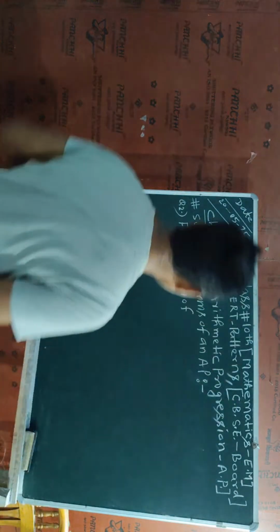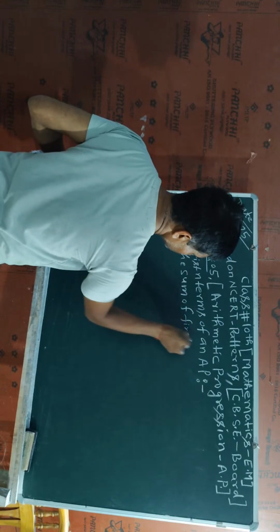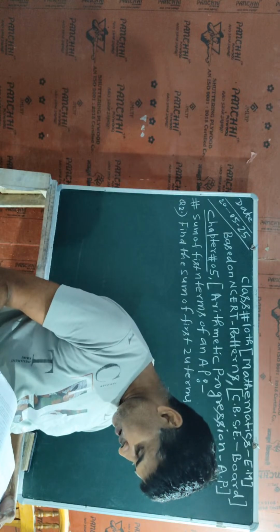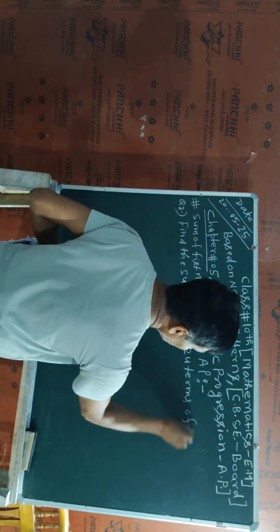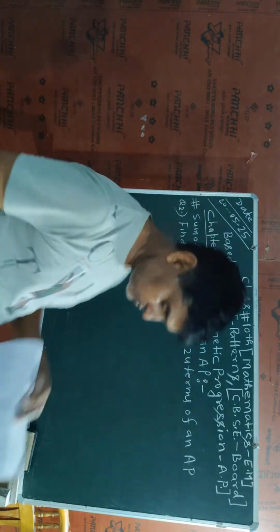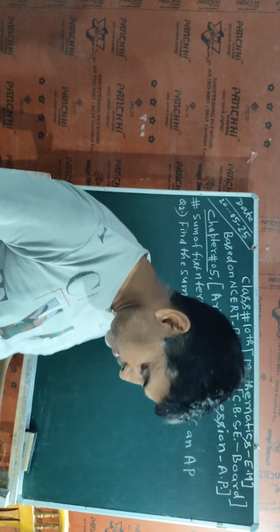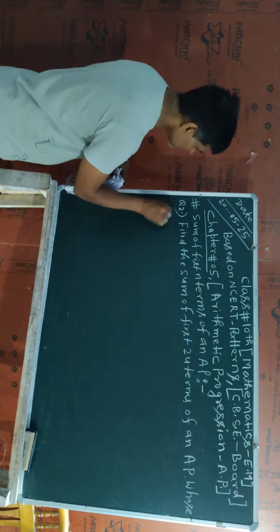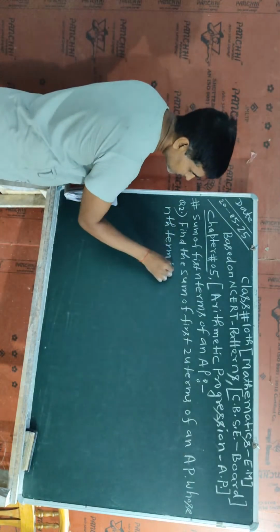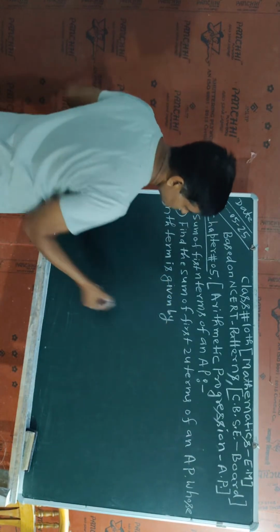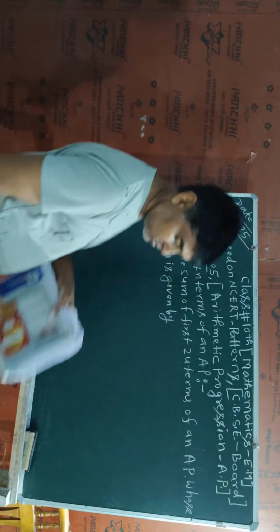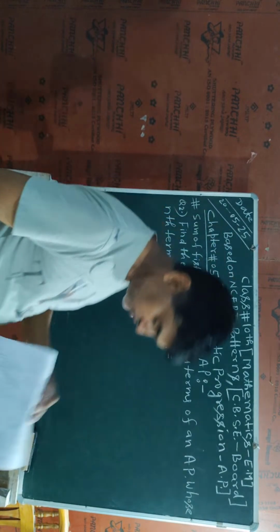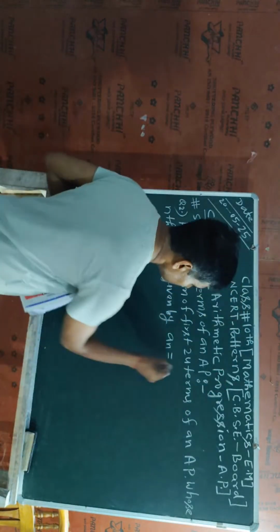the first 24 terms of an arithmetic progression whose nth term is given by the formula a n is equal to 3 plus 2n.